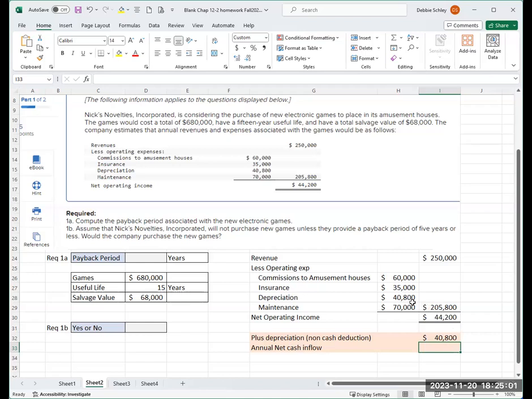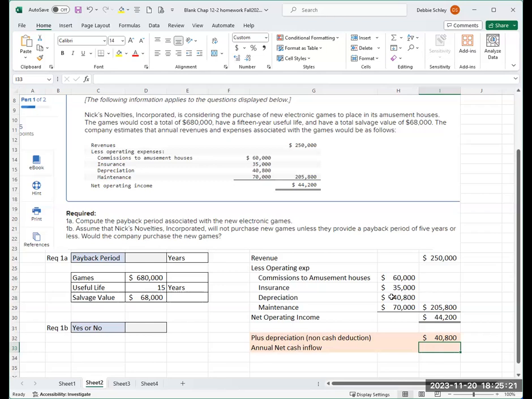Okay, so in this instance right here, this balance has depreciation subtracted from it. Depreciation is something that is on the books. It is not a cash transaction. We don't go pay somebody depreciation.